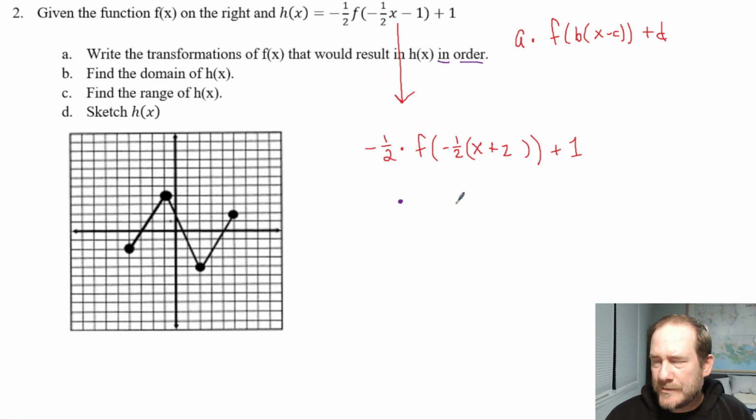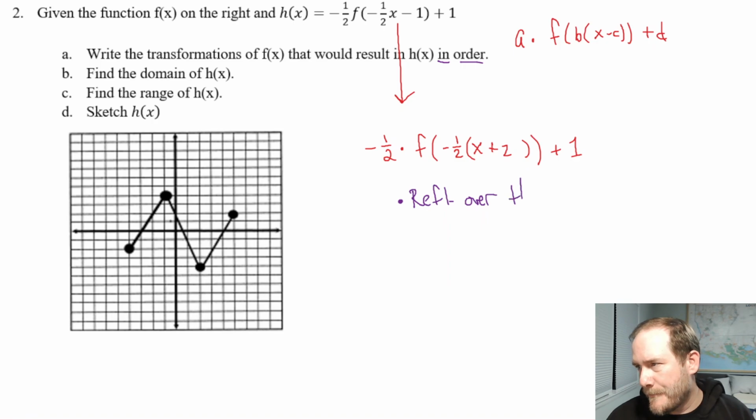So remember that A represents two different things. Because it's negative, it's a reflection over the x-axis. A negative A value is changing Y values, so that's a reflection over the x-axis. Then the 1/2, that's less than 1, and it's changing Y values, like we said, because it's on the outside.